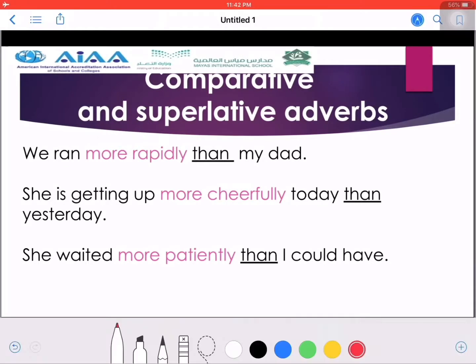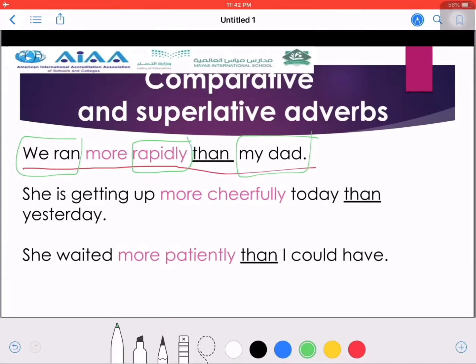Here, let's see some examples to make it more clear. Here, we ran more rapidly than my dad. So here, I described the way that we ran and the way my dad ran with the word rapidly.